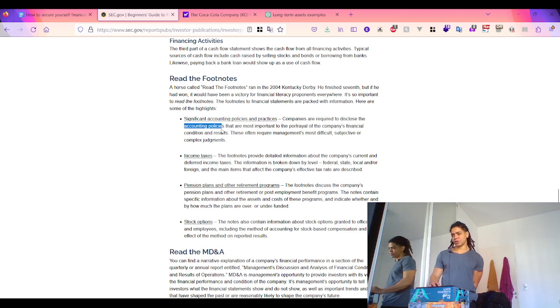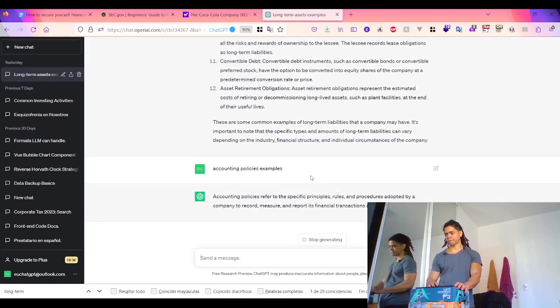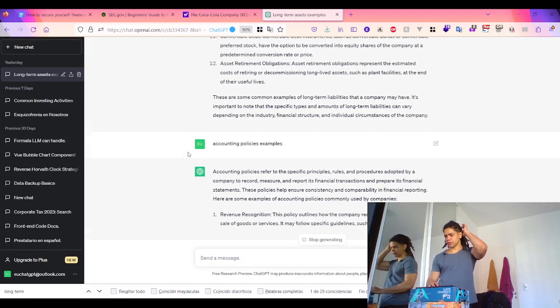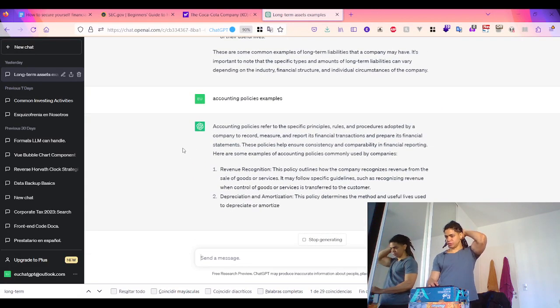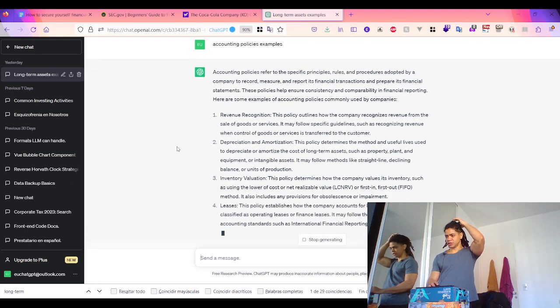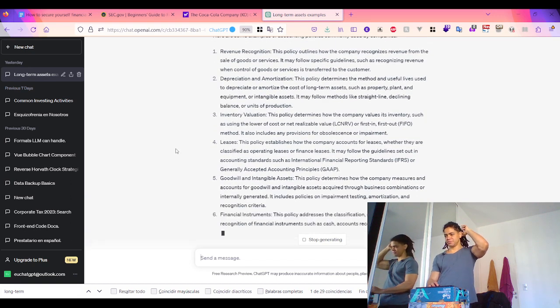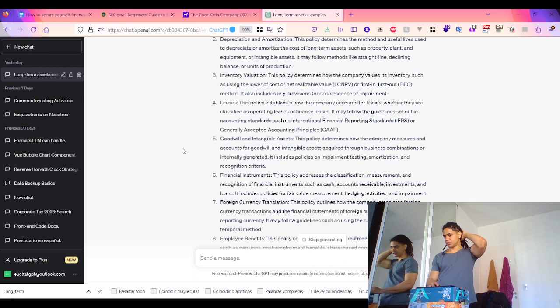Examples of accounting policies: revenue recognition, depreciation and amortization, inventory valuation, and leases. The lease policy establishes how the company accounts for leases, whether they are classified as operating leases or finance leases.